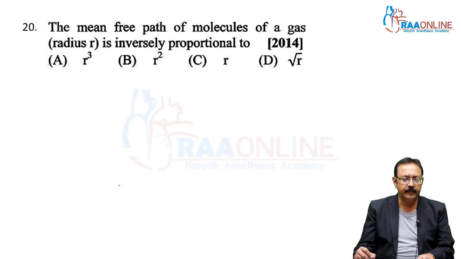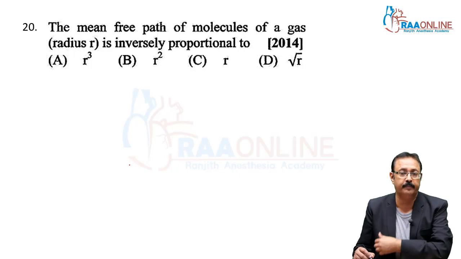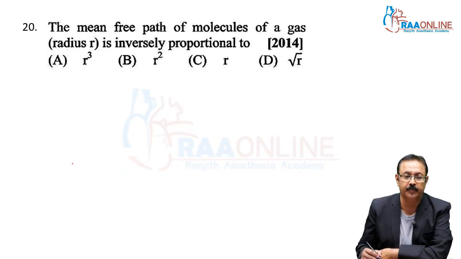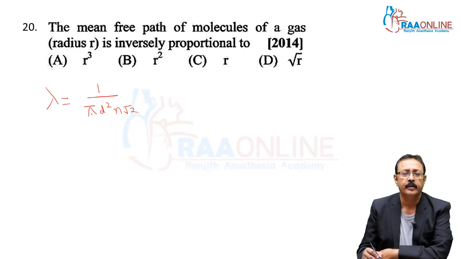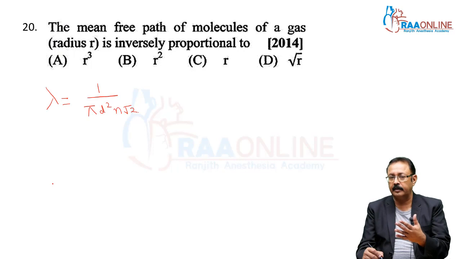Next, the 20th problem. They are talking about the mean free path of a gas, which is inversely proportional to what? Mean free path is denoted by lambda and is given by 1 upon pi d square n root 2, where d is the diameter of the gas molecule and n is the number of molecules. What do you mean by mean free path?